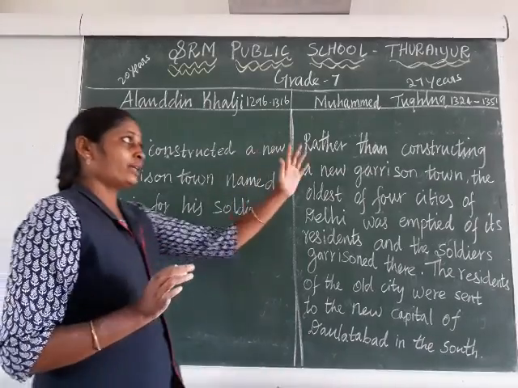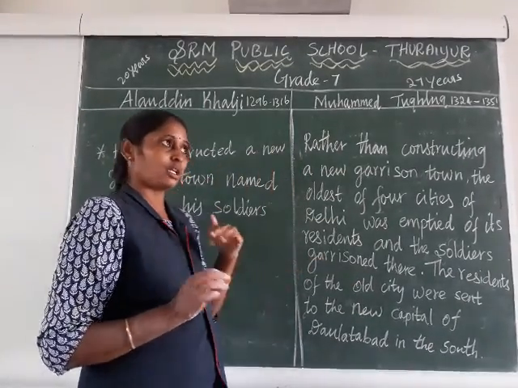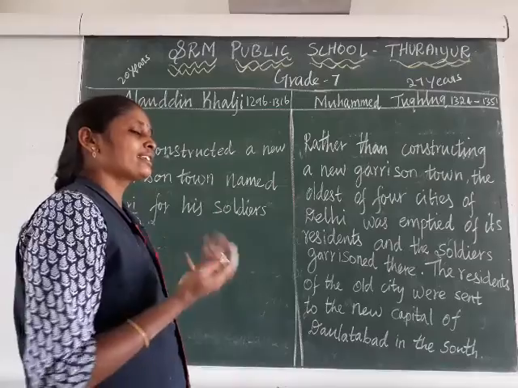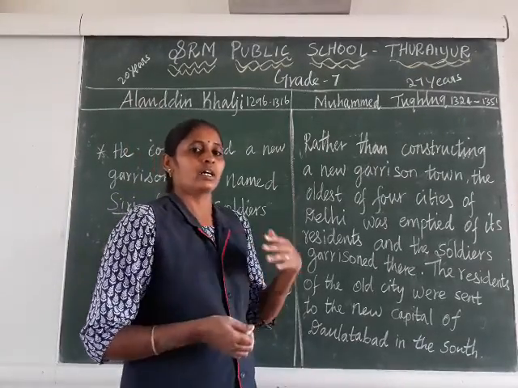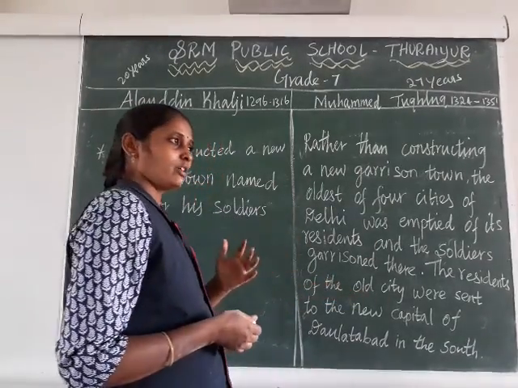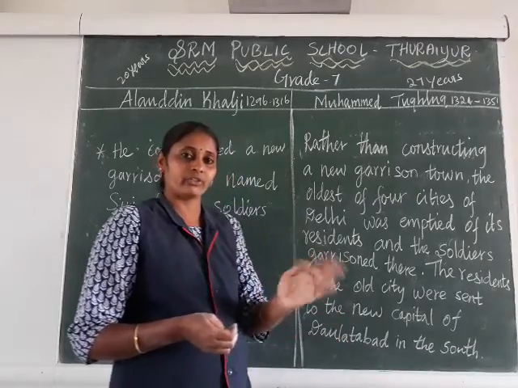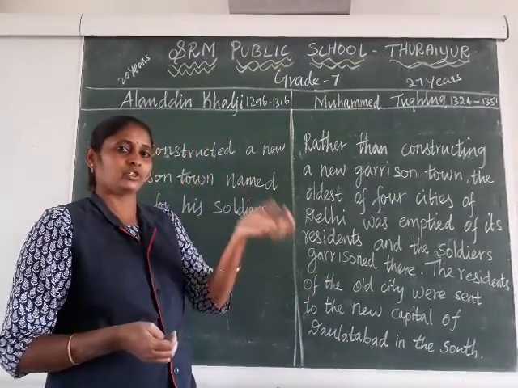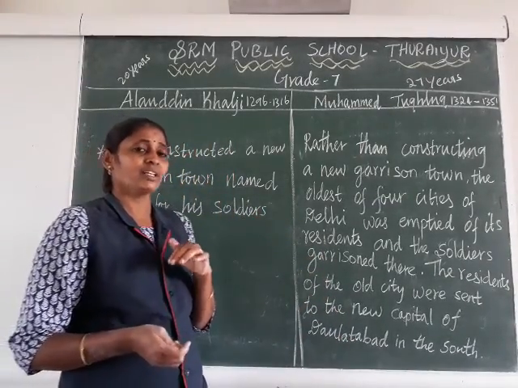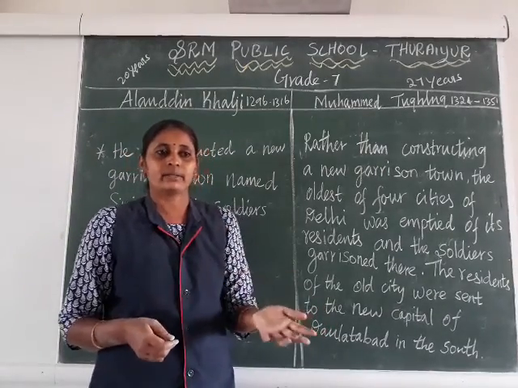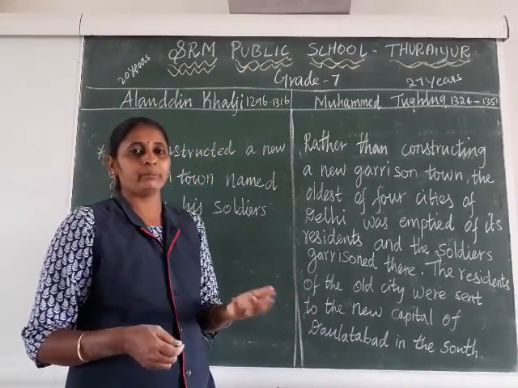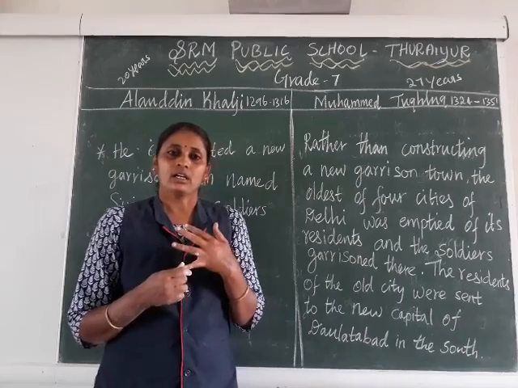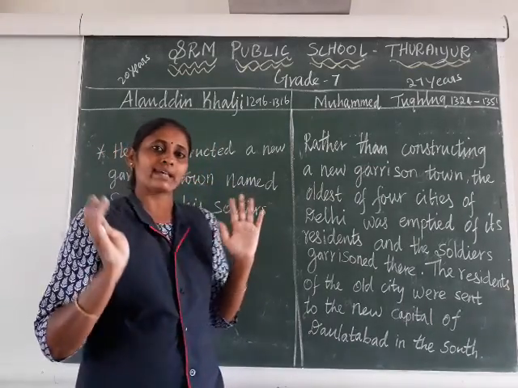But Muhammad Tughlaq was not ready to construct a new garrison town. Instead, he planned to shift his capital from Delhi to Daulatabad. It was very funny in that time. Why I say it is funny: already I said he ruled a very vast land.